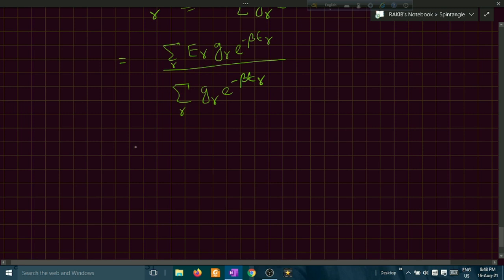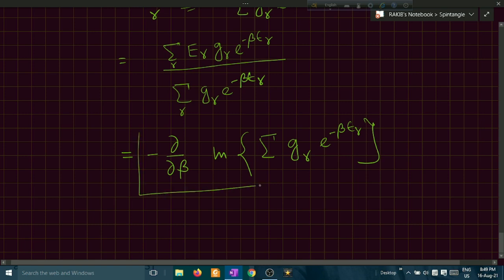I am writing a formula for this. Just check this: I can easily write the partial derivative with respect to beta of ln of the summation of gr e to the power minus beta Er. Check this derivative.